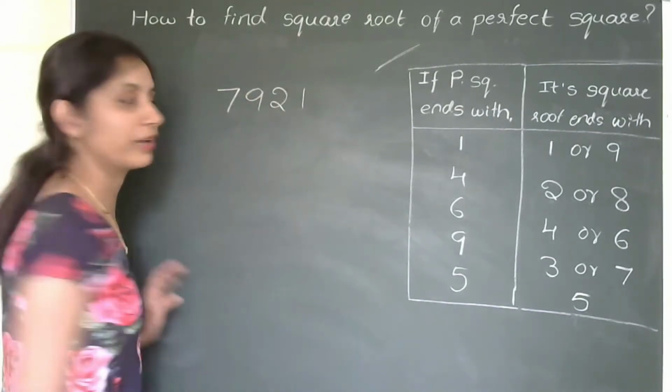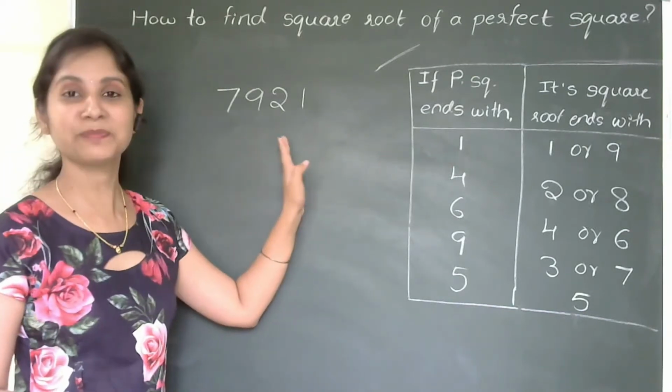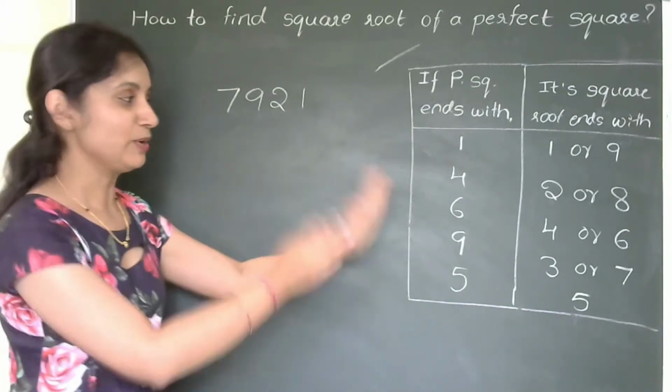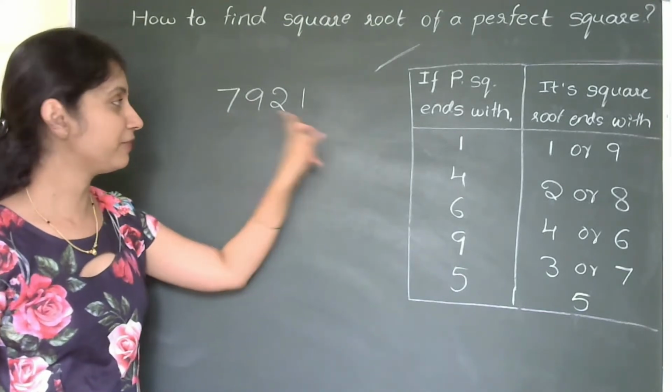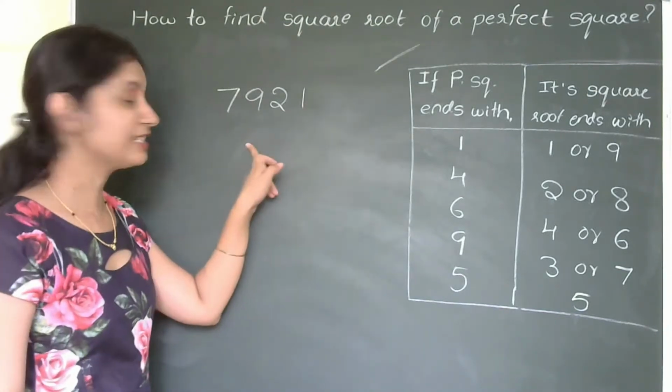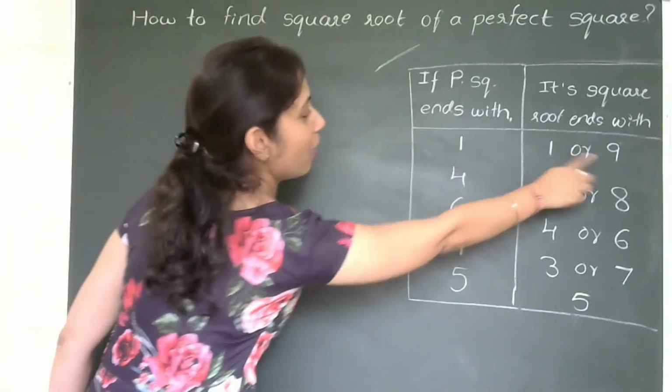Let me consider 7921. What are the steps to be followed to find the square root of this perfect square? We know that if a perfect square ends with 1, its square root will have either 1 or 9.